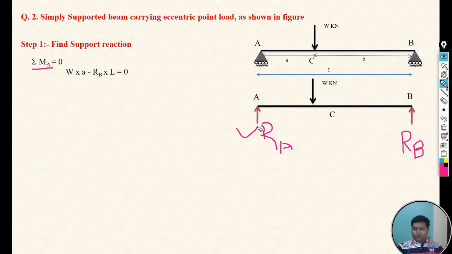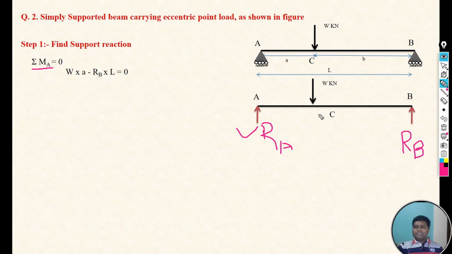Why? Because RA passes exactly through A point, and the formula for the moment is force into perpendicular distance. If RA passes through A point, then the perpendicular distance of RA from A point is 0, so no need to take the moment of RA at A point.